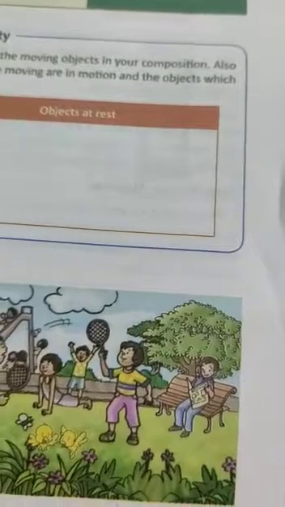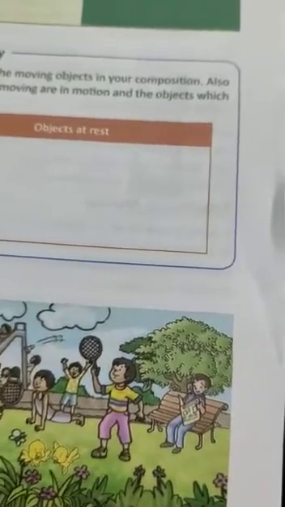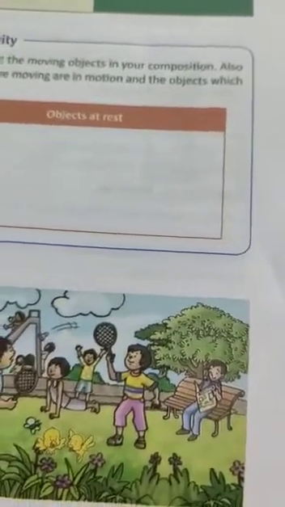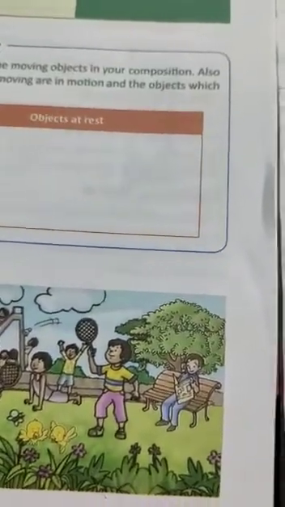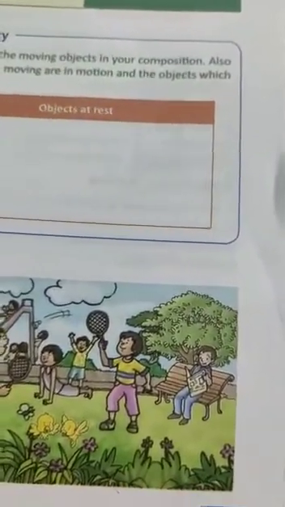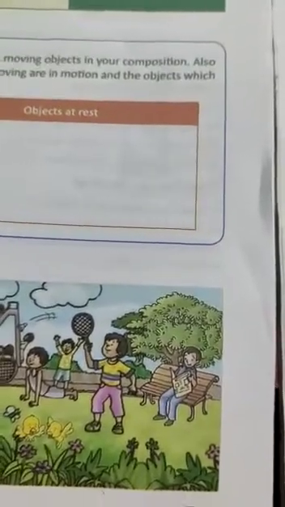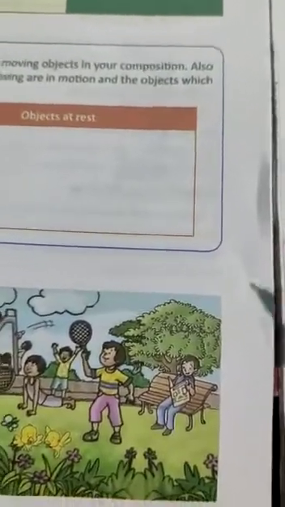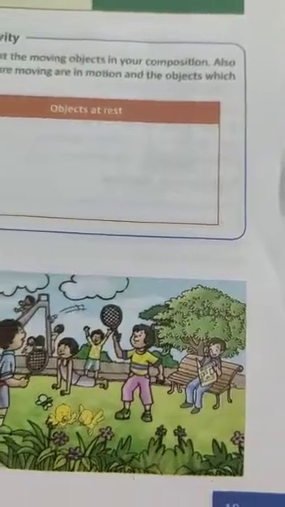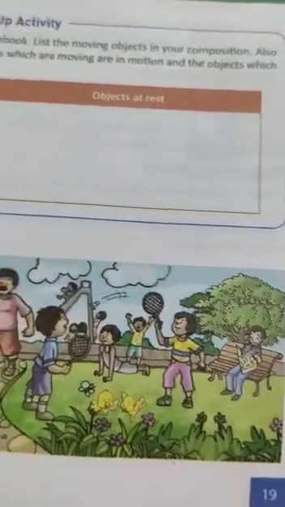We say that the tree is at rest because the tree does not change its position with respect to us, right? But when we see a train passing out of the station, we say that the train is in motion because it is continuously changing its position with respect to us.